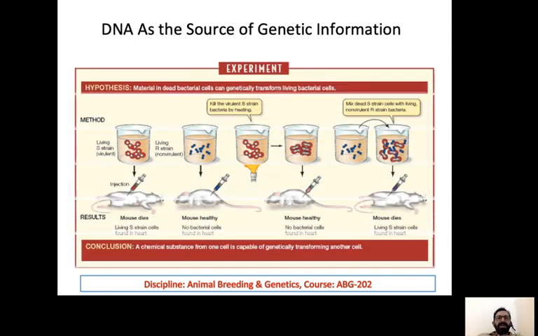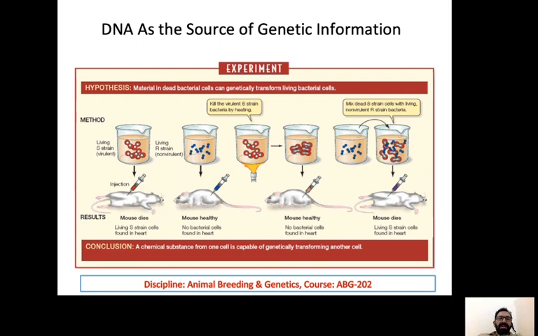So how is DNA a source of genetic material? An experiment is shown over here. There were two strains, S, that was the virulent, and R, that was the non-virulent. When they injected the virulent strain, the mouse was killed.